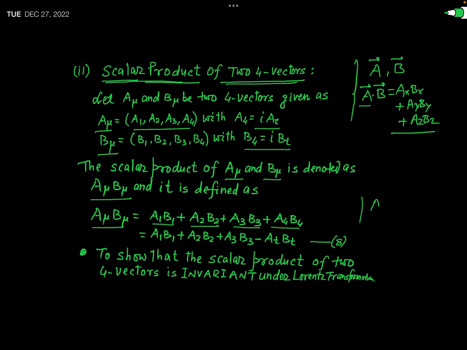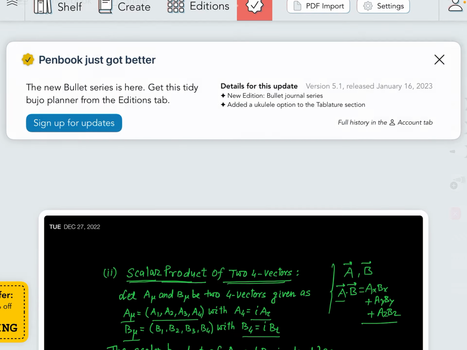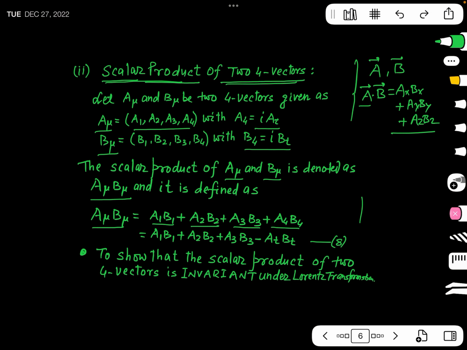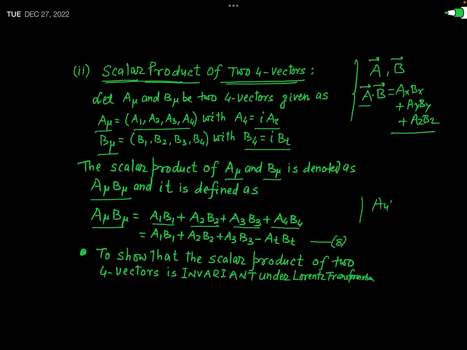You can see A4 times B4. A4 is equal to I times AT, and B4 is I times BT.